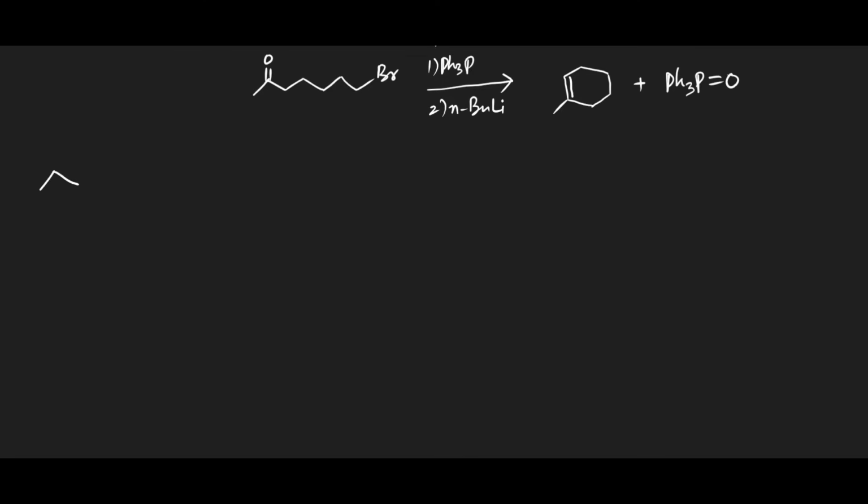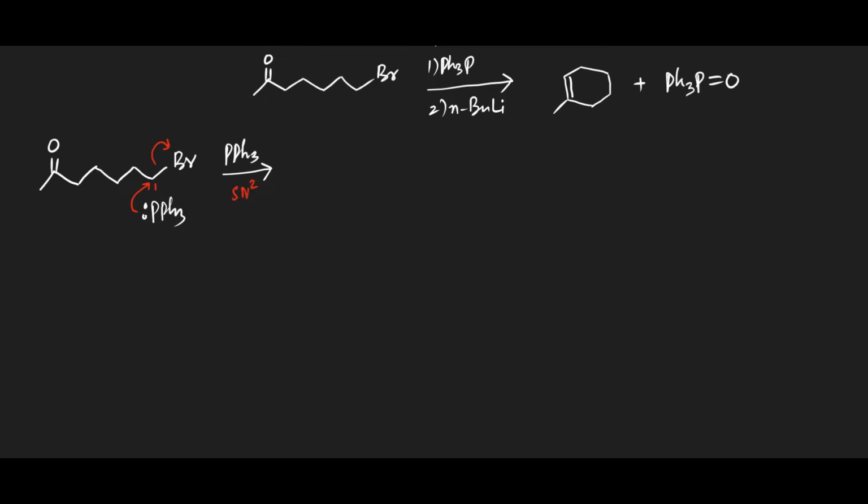In this example, this haloketone upon treatment with PPh3 and then n-butyllithium base forms a cyclic alkene. Let us understand what happens in this reaction. The first step is the reaction of triphenylphosphine with the halide part of the ketone, via an SN2 type reaction.